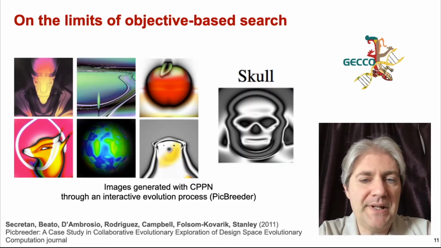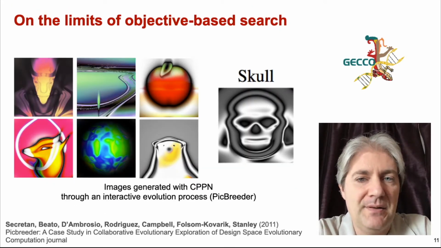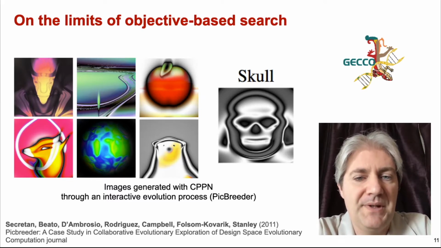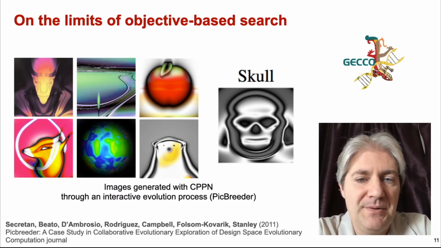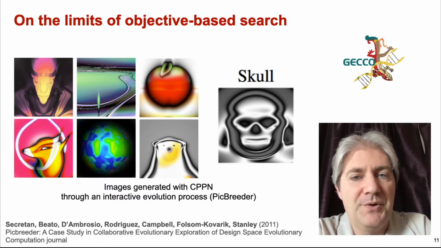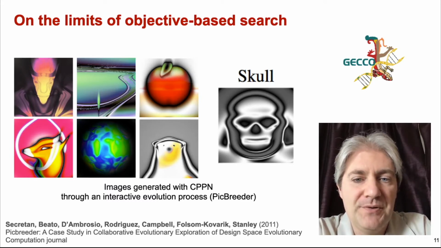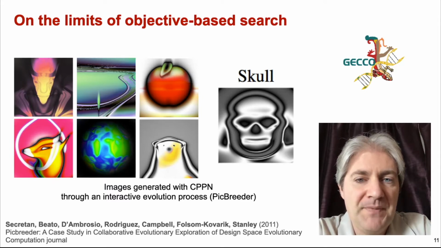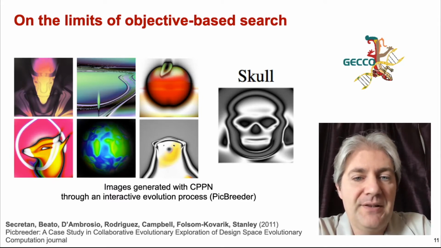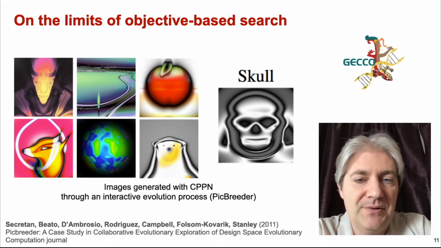And we can better illustrate this with some work coming from the Pic Breeder experiments. So in those experiments, an interactive evolutionary process was used on a platform called Pic Breeder to allow users to evolve pictures that are generated thanks to CPPNs, so compositional pattern producing networks.